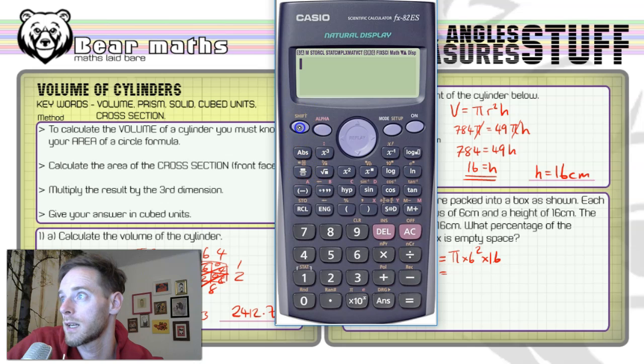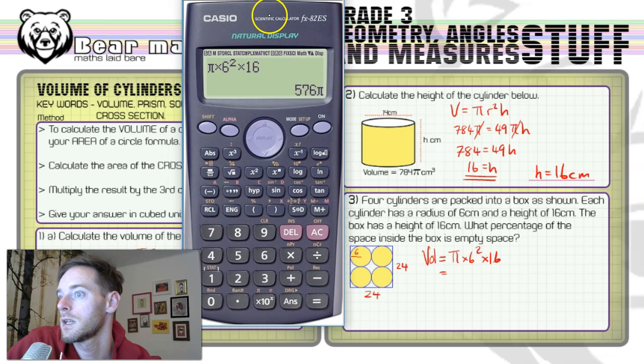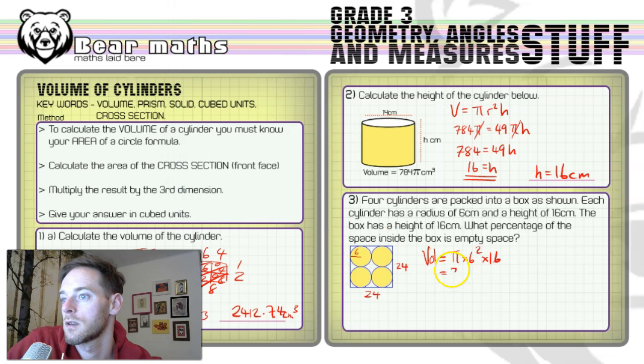This wouldn't be a non-calculator thing again. So pi multiplied by 6 squared multiplied by 16 equals 576 pi. So that's 576 pi centimeters cubed. And there are 4 of those cylinders in there.